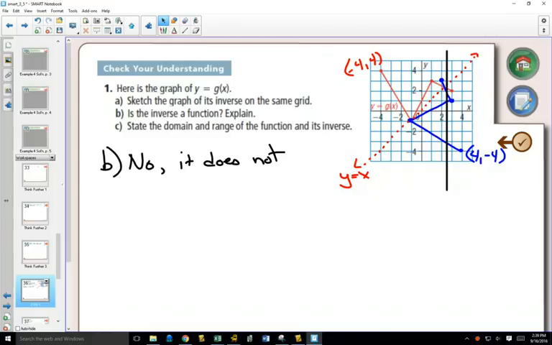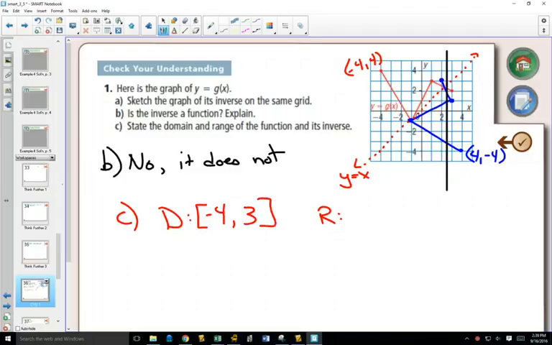And now in part C, state the domain and range of both the function and the inverse. So if we look in our interval notation for domain and range, our smallest value was negative 4, and our biggest value was 3.